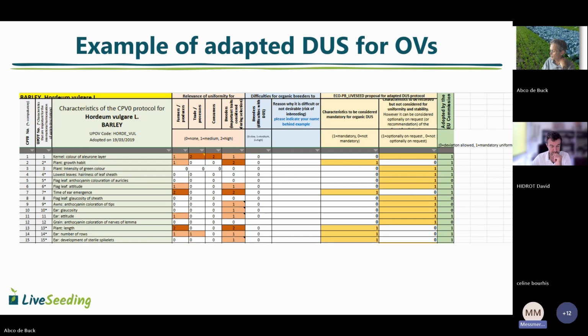So one could say maximum 1/3 or maximum 1/4 of the characteristics could be more flexible. It would be good to say that a certain percentage of the total characteristics can be more flexible, but the other 2/3 or 3/4 need to fit the DUS. Yes. Yeah.